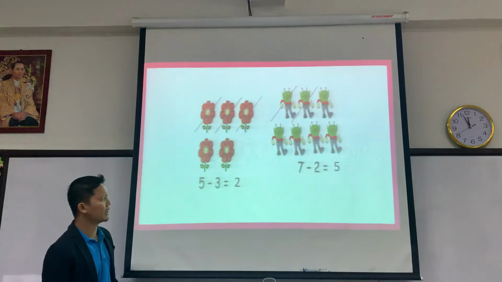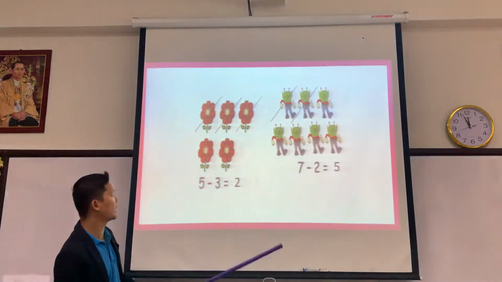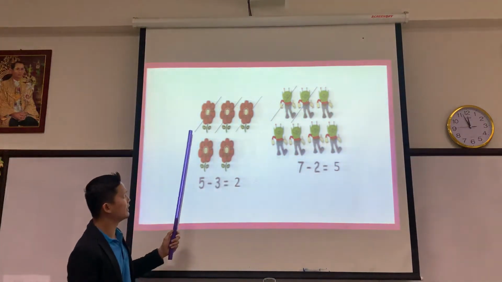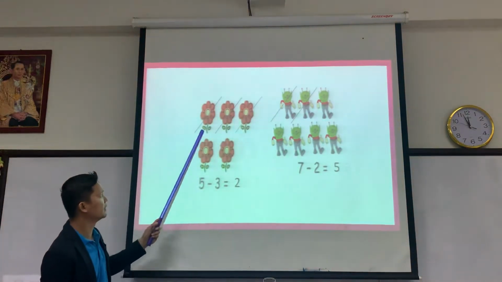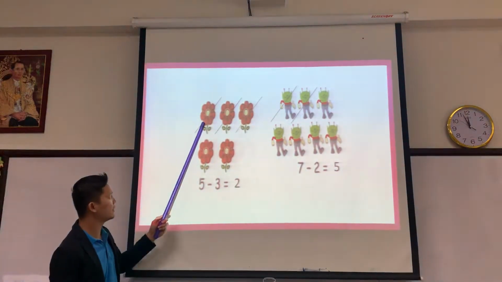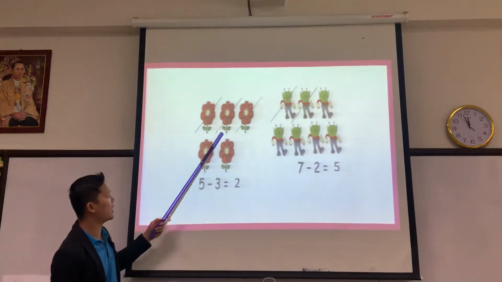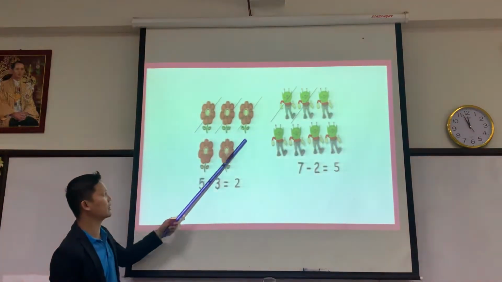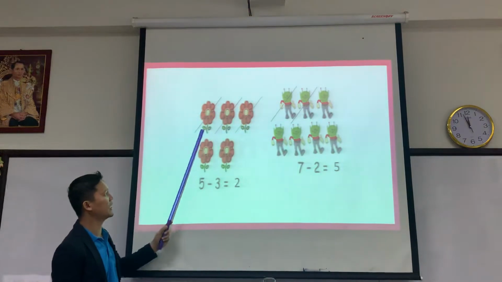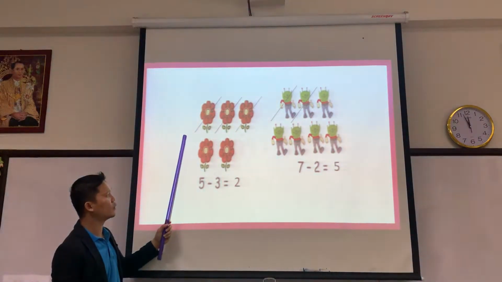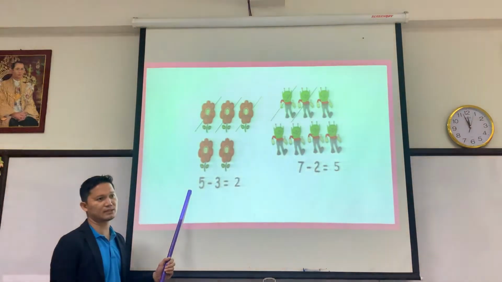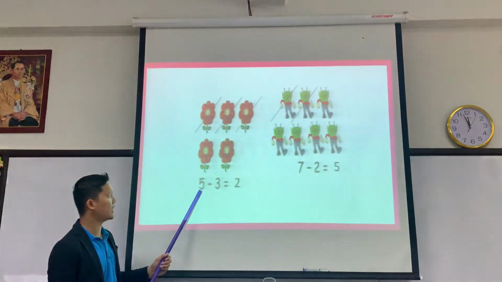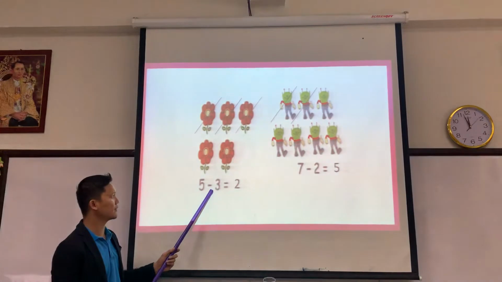Now here are the pictures. How many flowers are here? There are 5 flowers. We write the subtraction as 5 minus 3.